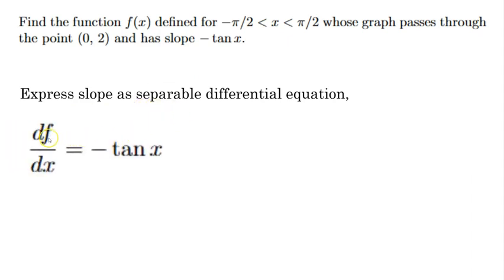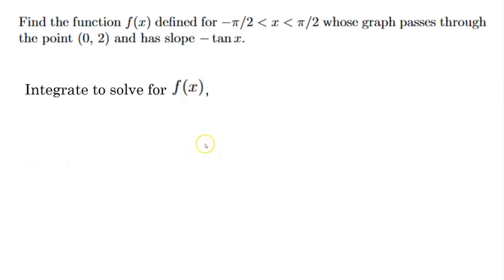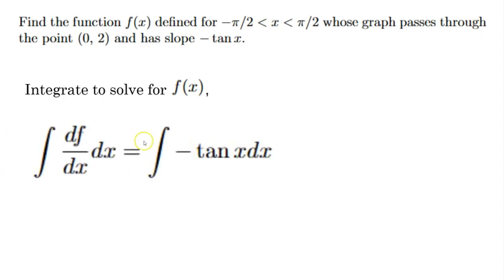The derivative of the function with respect to x is equal to negative tan x. Now we can just integrate both sides. The left-hand side is simply the antiderivative of the derivative of the function, so it should give us the function of x back again. The right-hand side is negative tan x dx.